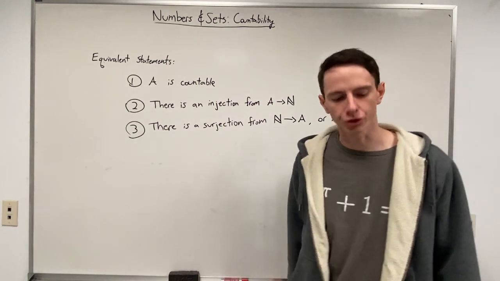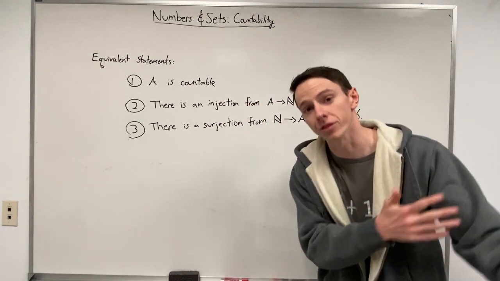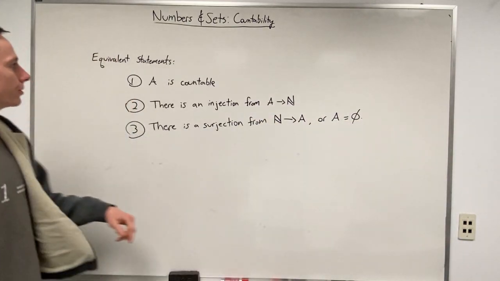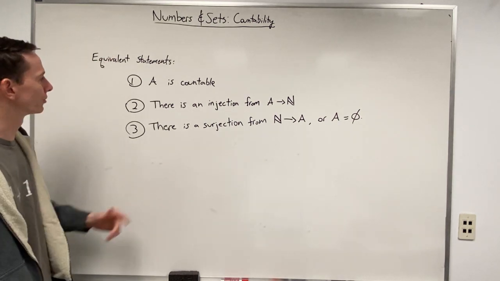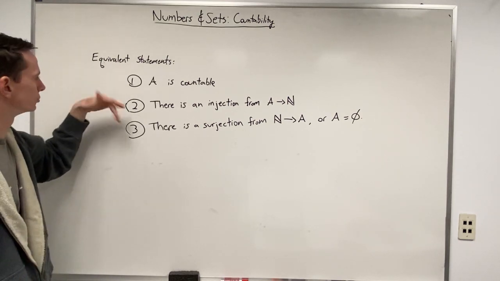I want to quickly recap this, because we're going to be referring to these properties throughout this video as we go through a bunch of examples. There are three equivalent statements that we showed. I think we showed that 1 proves 3, 3 proves 2, and 2 proves 1.